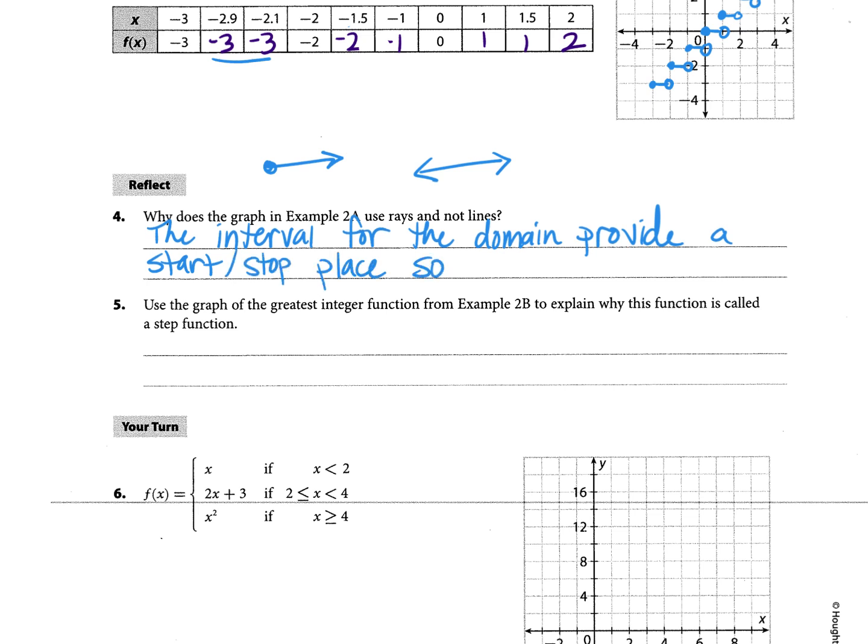So it does not continue forever both ways. Use the graph of the greatest integer function from 2b to explain why this function is called a step function.